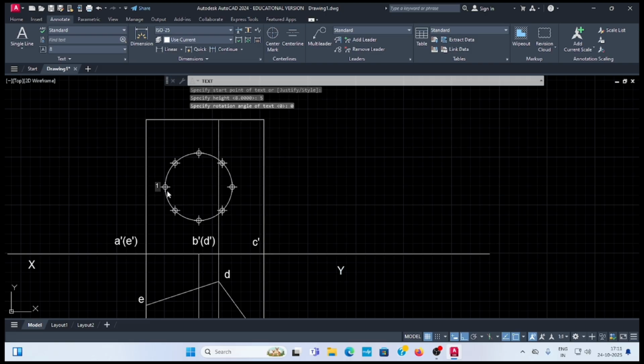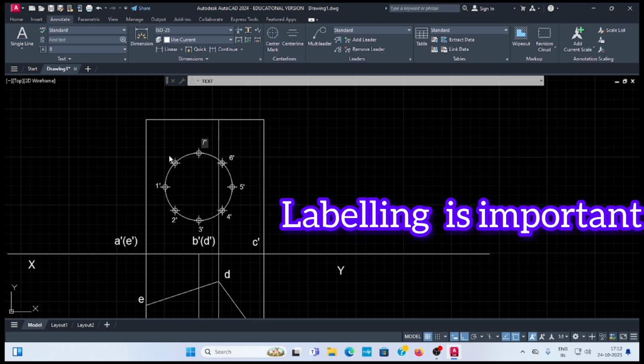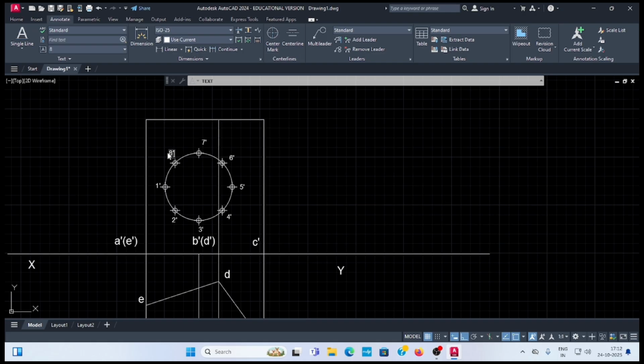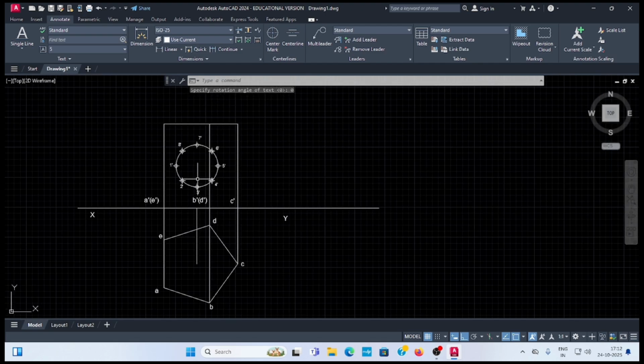This is 1 dash, it is 2 dash, this 3 dash, 4 dash, 5 dash, 6 dash, 7 dash, and 8 dash. I give the name for the 8 segments.